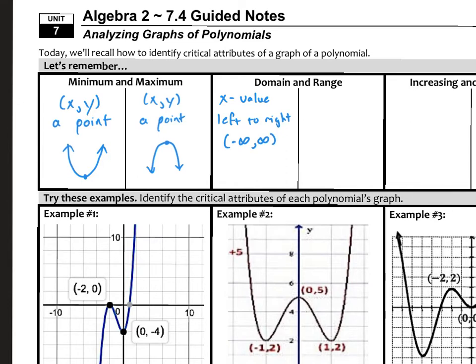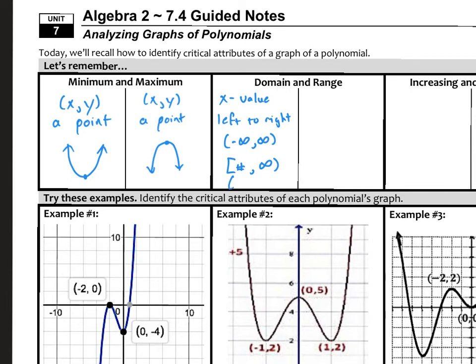And those are always going to be with parentheses. We're going to use brackets when we have numbers, right? So it may start at a number. If it includes that number, we use a bracket. If it doesn't, we use parentheses, okay? So we can mix brackets and parentheses.